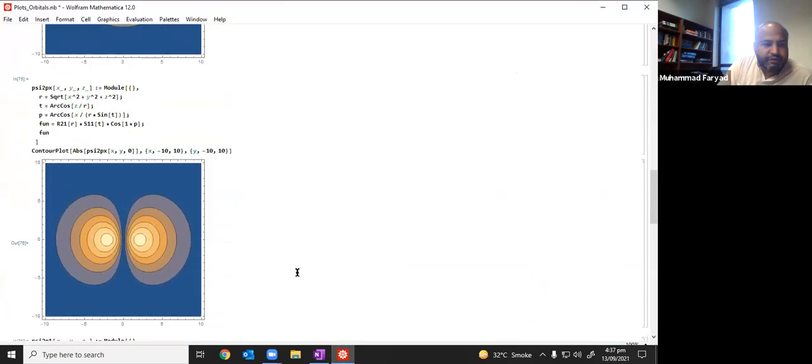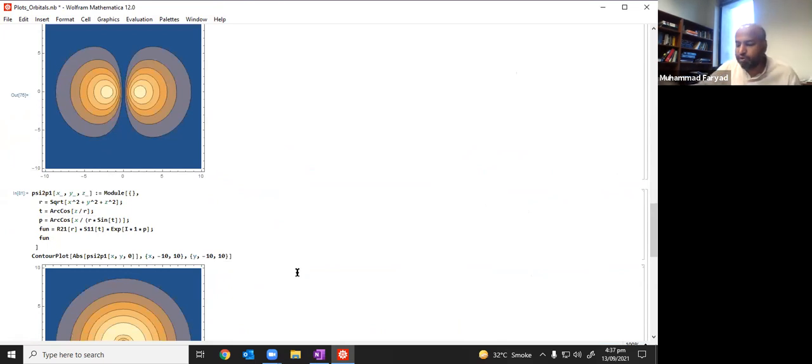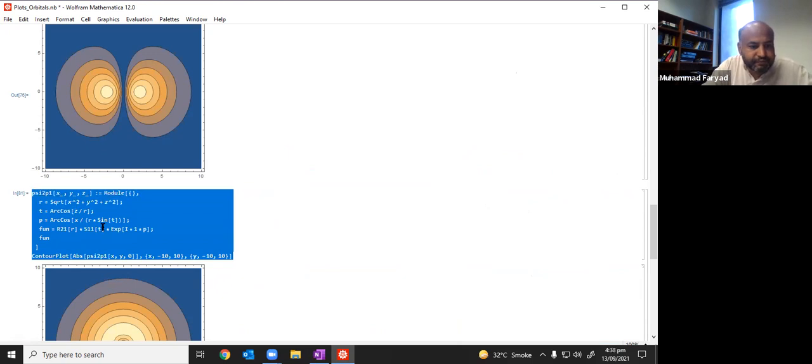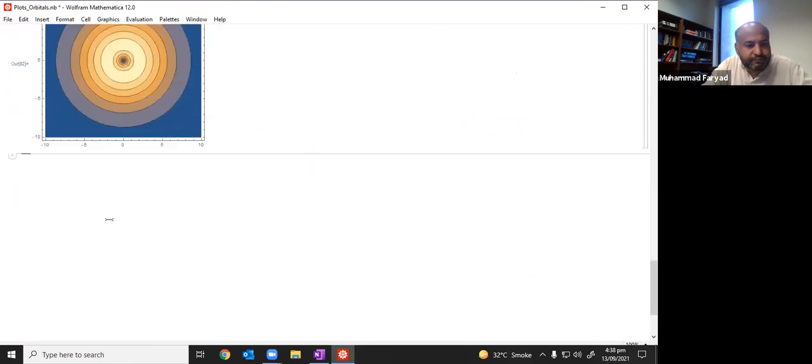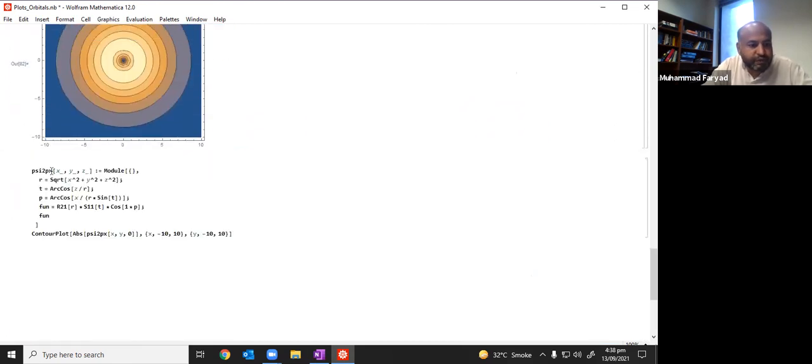Let me go on and do some plots for more complicated orbitals. Let's take a 3D orbital, and for this let's take 3dz square. For 3dz square we should have n as 3, l as 2, and since this is z square, m is 0.